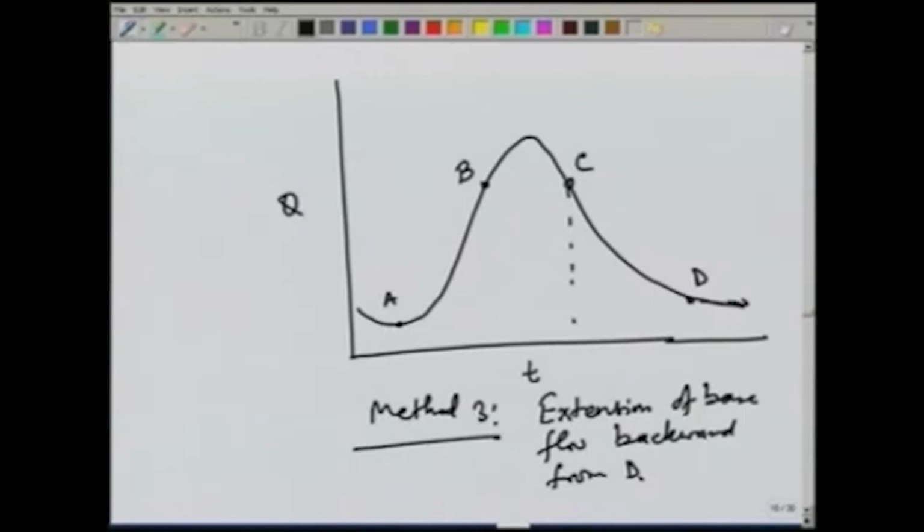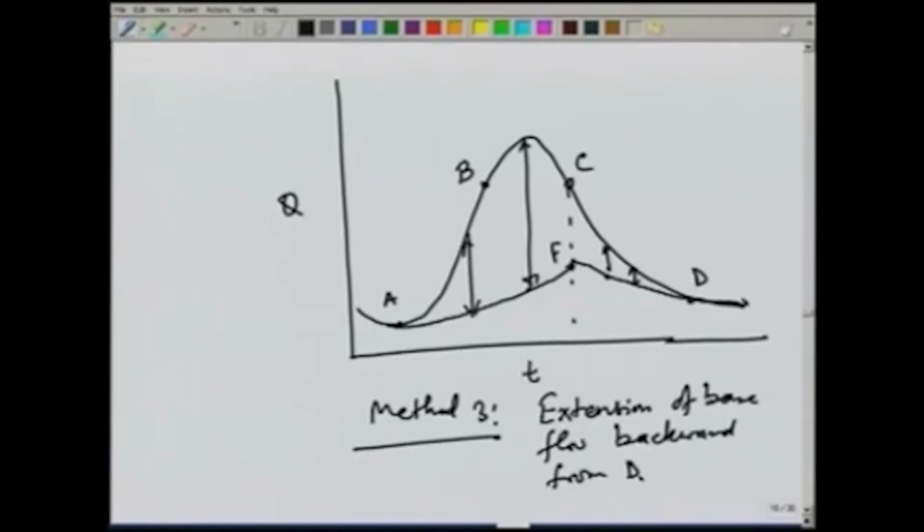So, this is going as a curve like this. So, we extend it till we reach the point of inflection, and then we use another smooth curve to join, let us call this point F. So, AFD will now give the base flow component, and the peak in this case turns out to be smaller, and these are the direct runoff components at various points.